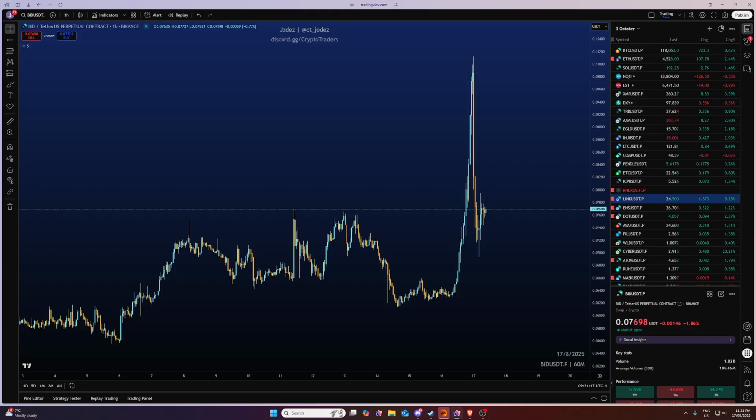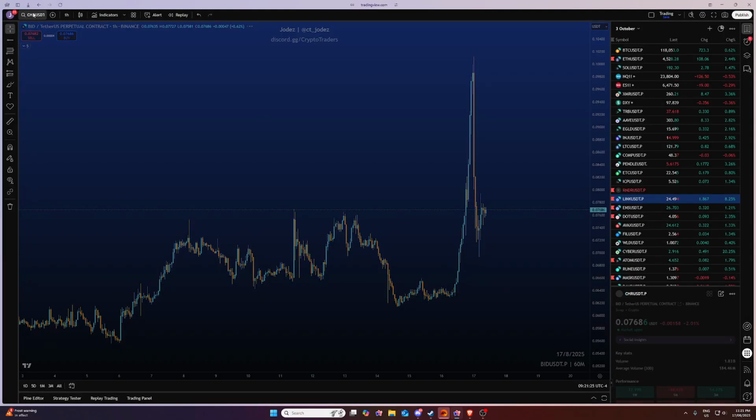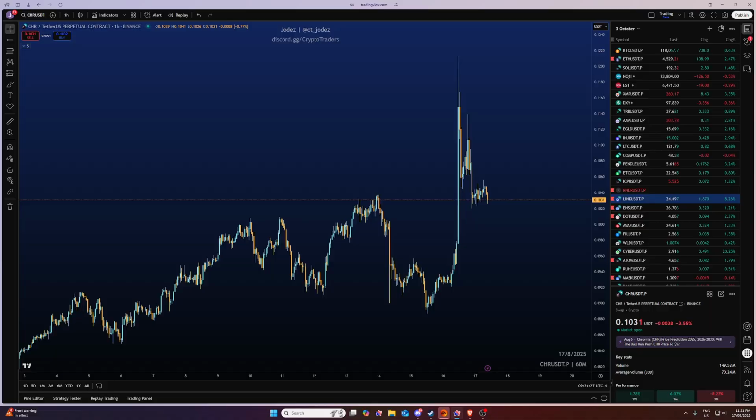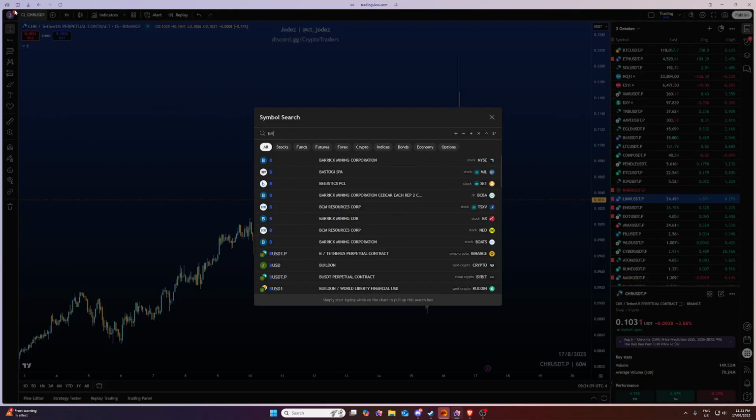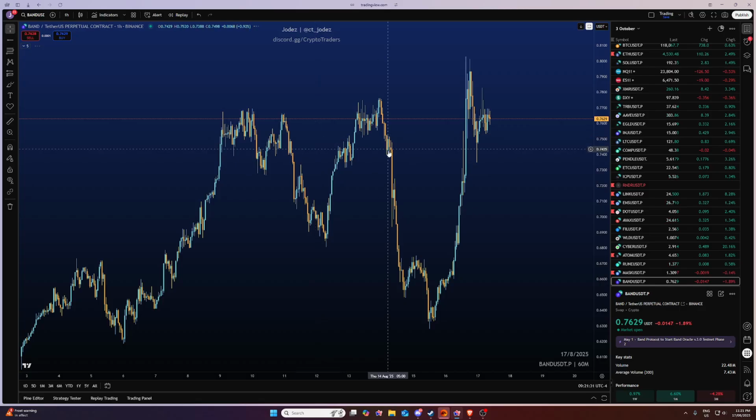Yeah, so with a lot of the recent examples, you can see these moves haven't really been sustained. Market's been pretty scammy these past few weekends. Just looking for a better example.